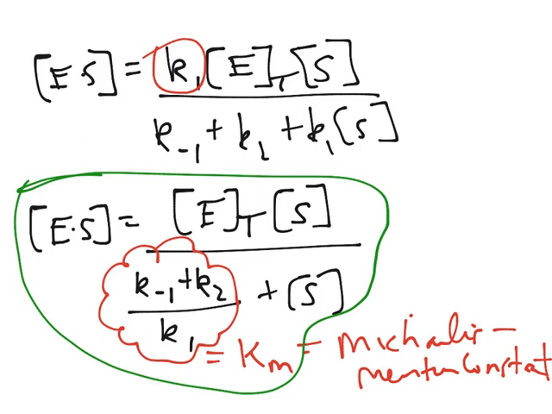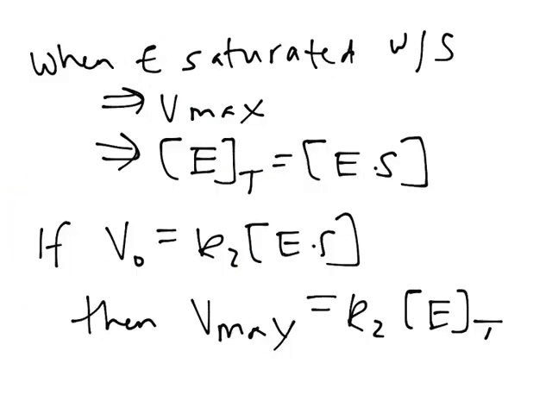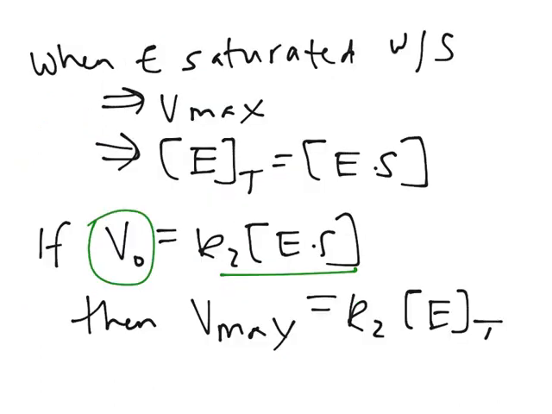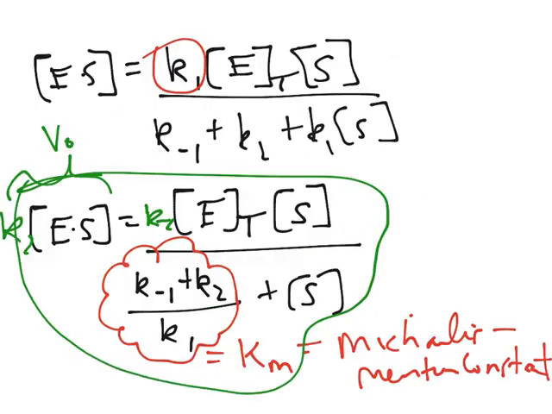If I do that, I get K2 here and K2 here. But we just said that K2 times the concentration of the enzyme substrate complex is equal to V0, so this becomes V0. And K2 times the total concentration of enzyme is equal to Vmax.